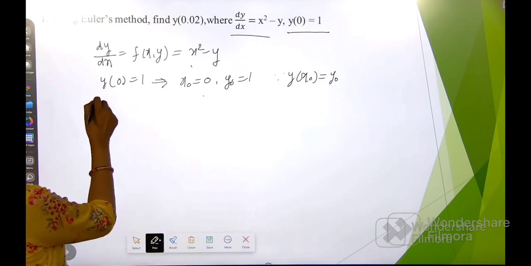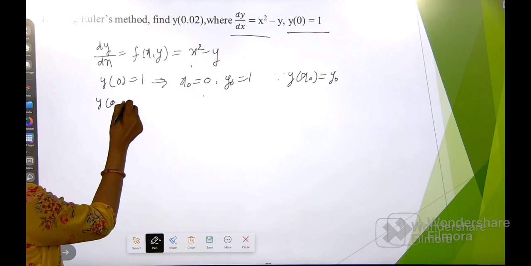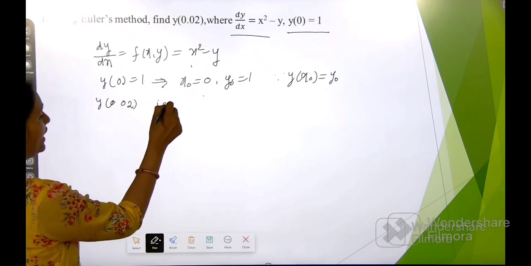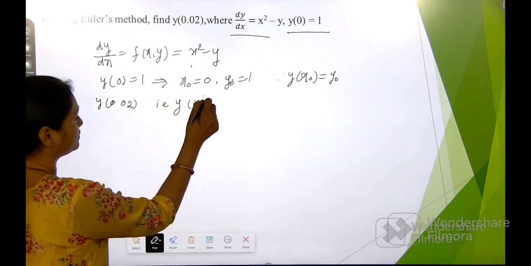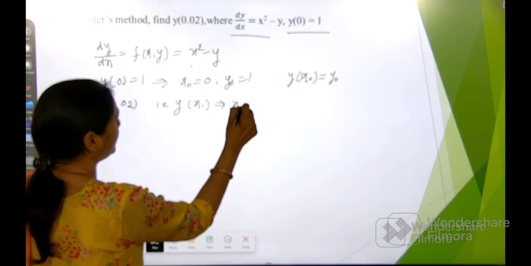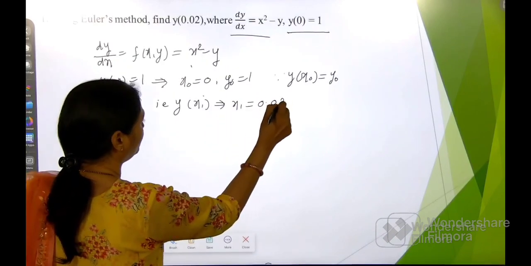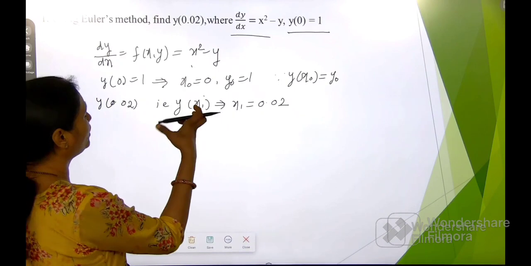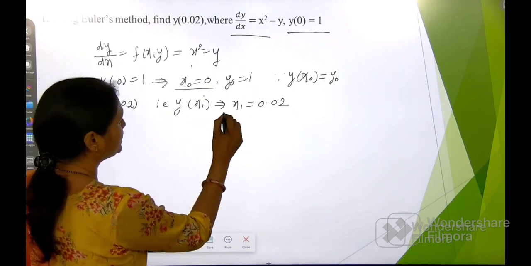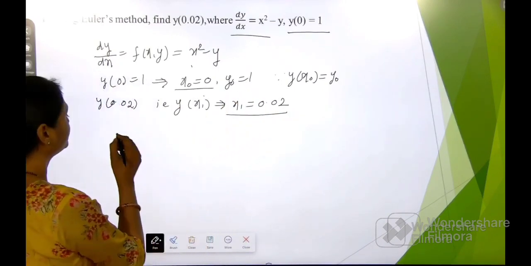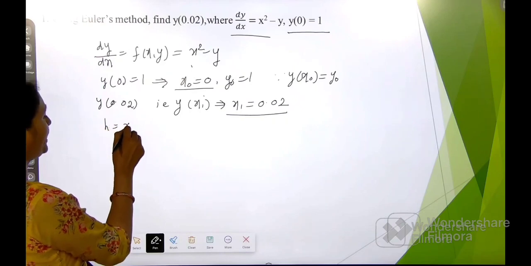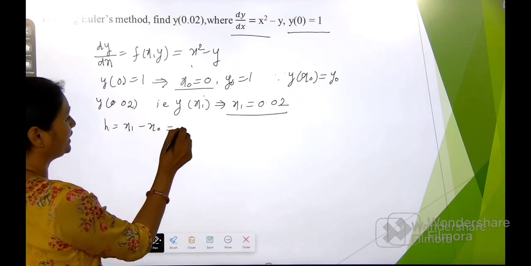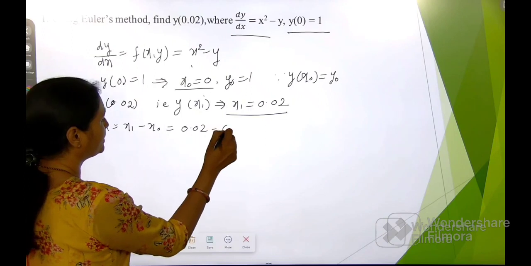Now we have to find y of 0.02, that is y of x1. So this gives us x1 equal to 0.02. As x0 is 0 and x1 is 0.02, we can take h equal to x1 minus x0, that is 0.02 minus 0.